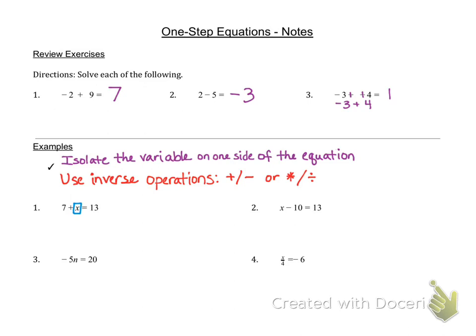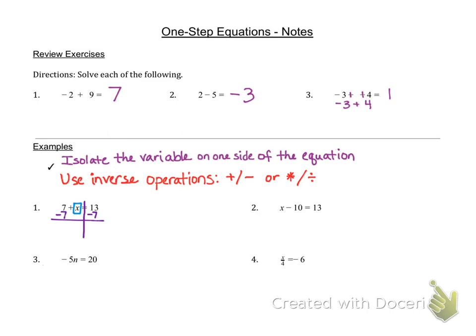So I want to do the opposite operation so that 7 moves from the left side of the equation to the right side of the equation. And the two sides of the equation are separated by this equal sign right here. So the opposite of a positive 7 is doing a -7. So I'm going to subtract 7 on both sides of the equation.